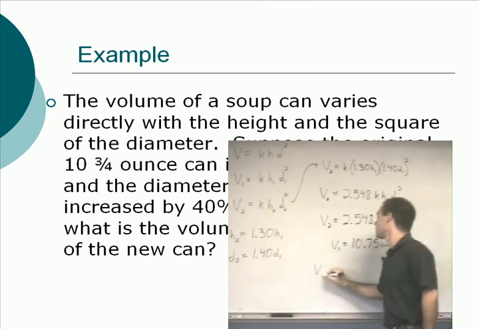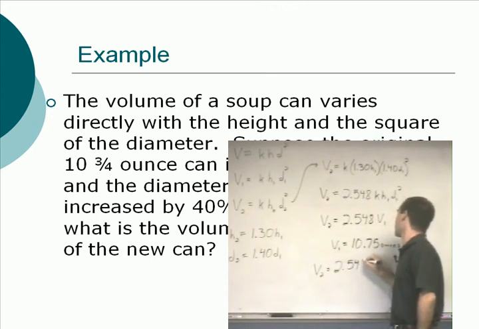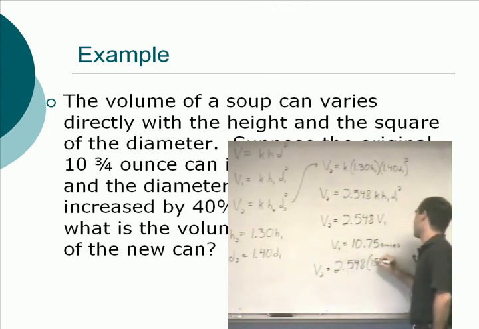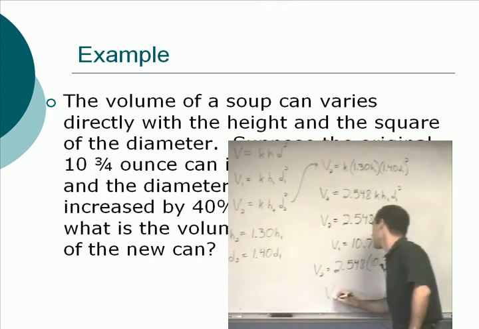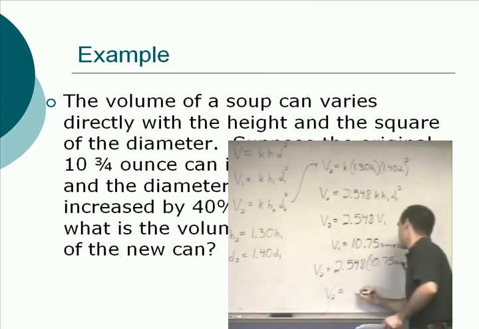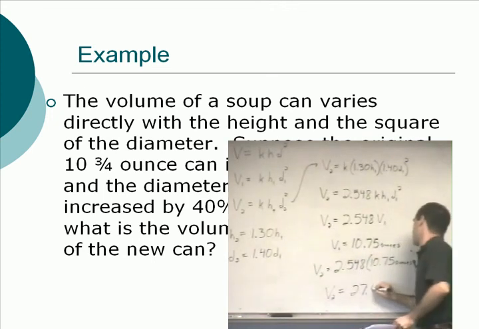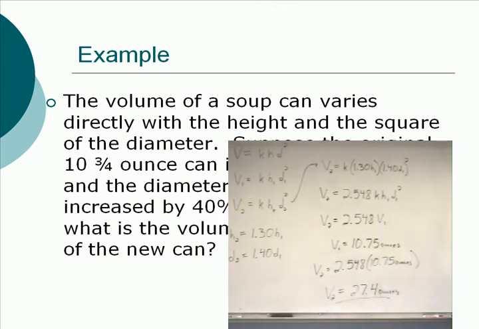So V2 is equal to 2.548 times 10.75 ounces. It's 254.8% of what the original volume was, and the new can's volume is 27.4 ounces. New can will hold 27.4 ounces.